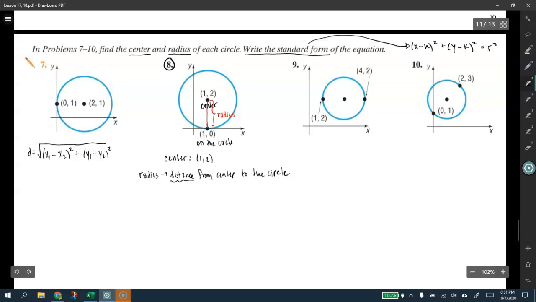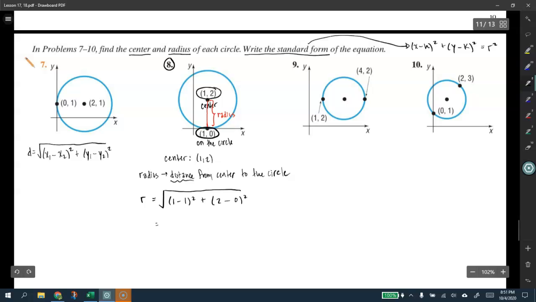So let's go ahead and determine this by using the points 1, 0 and 1, 2 to figure out this distance. All right, so the radius is equal to that distance, so we'll write down radius is equal to the square root of 1 minus 1 squared plus 2 minus 0 squared, like that.